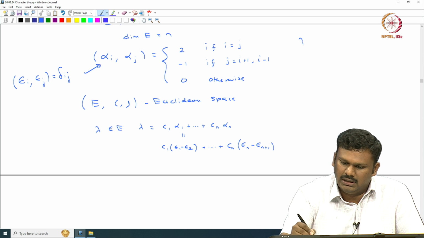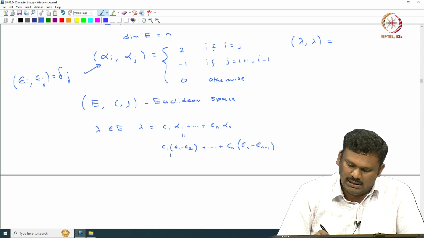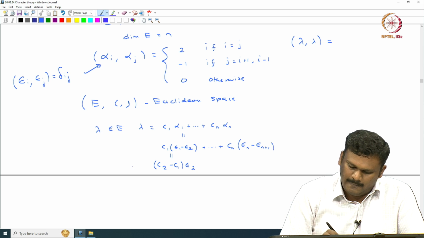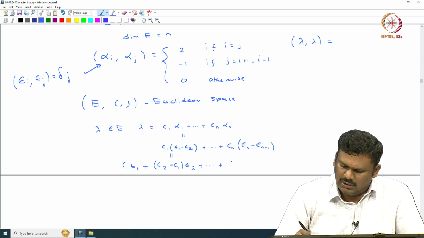Then if you compute lambda in terms of the epsilon i basis, you can see that this is exactly equal to c1 epsilon 1 plus (c2 minus c1) epsilon 2 plus etcetera, whatever it is, and then you get minus cn epsilon n plus 1.